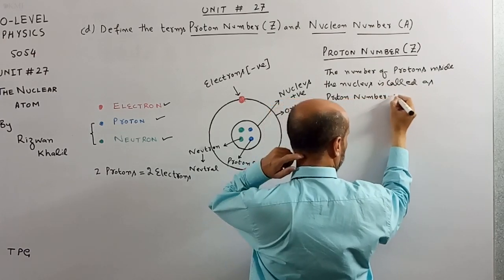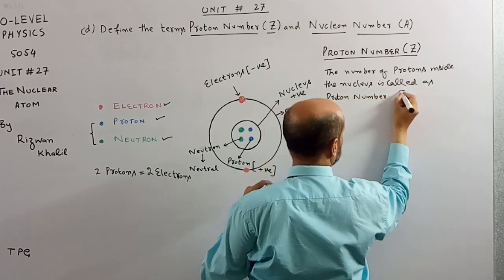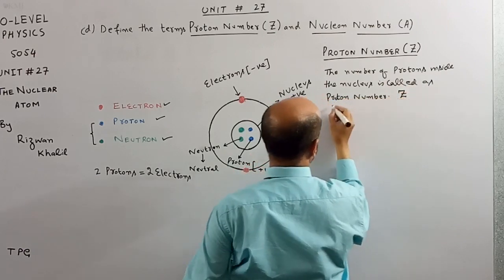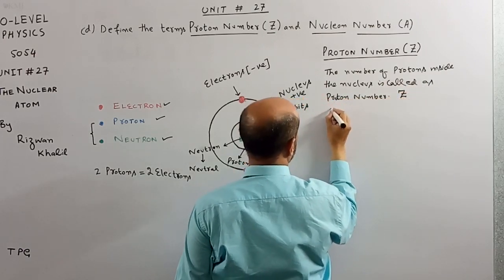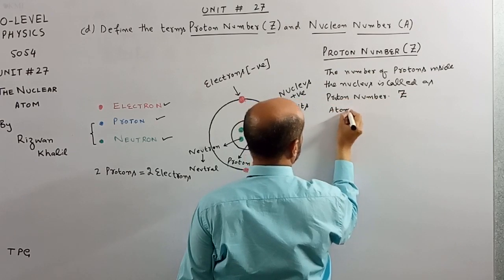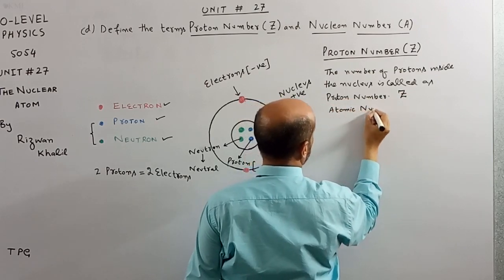It is denoted by capital Z, and it is also called atomic number as well.